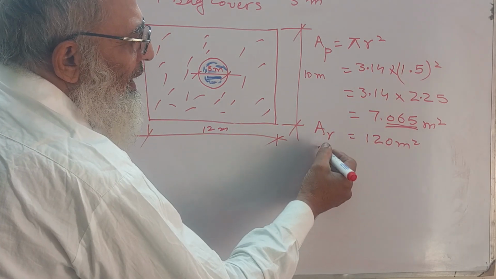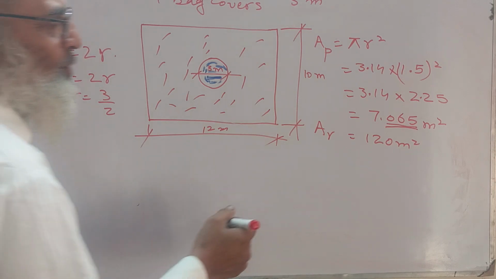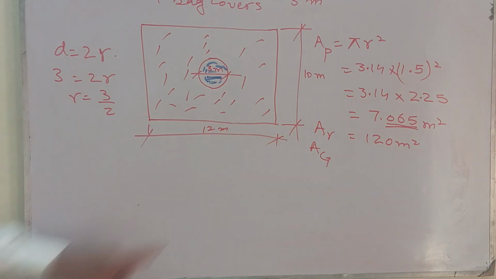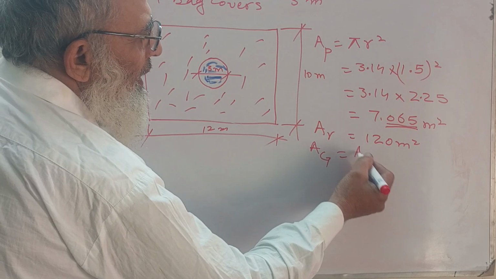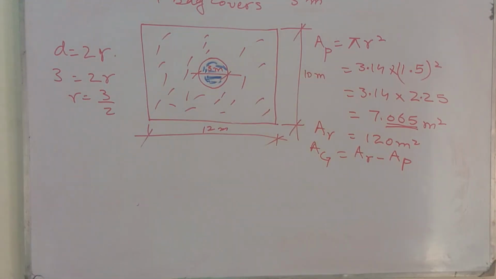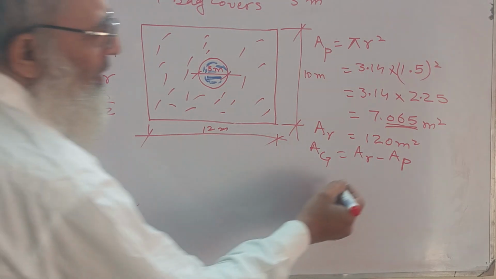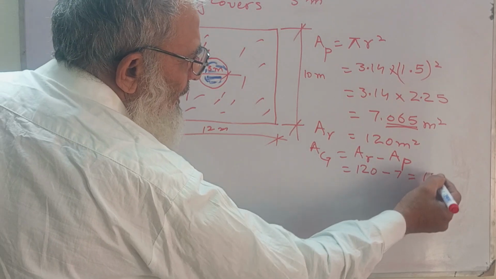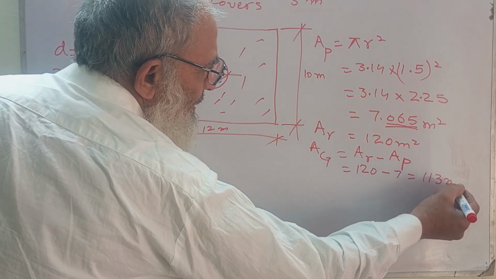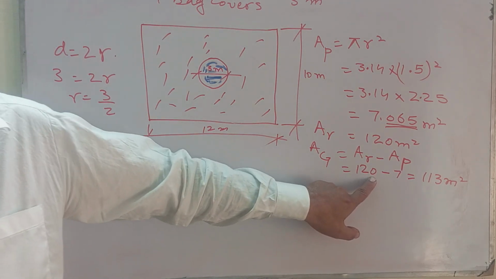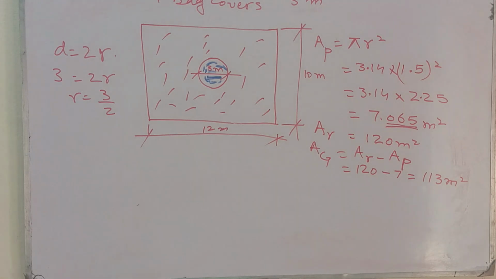That means the area on which the grass has to be planted is equal to the area of the rectangle minus the area of the pond. This is equal to 120 minus 7, that is equal to 113 meters square.